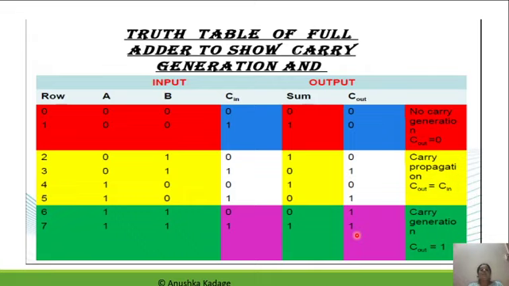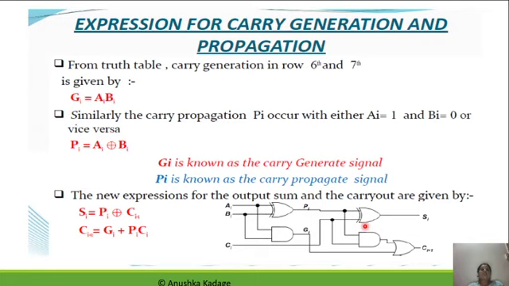So we can divide this whole truth table on the basis of the C out value, where it has been generated, where it has not been generated, and where it has propagated like the input C in value itself. And based on that, the previous circuit of this carry generation and carry propagation has been prepared.